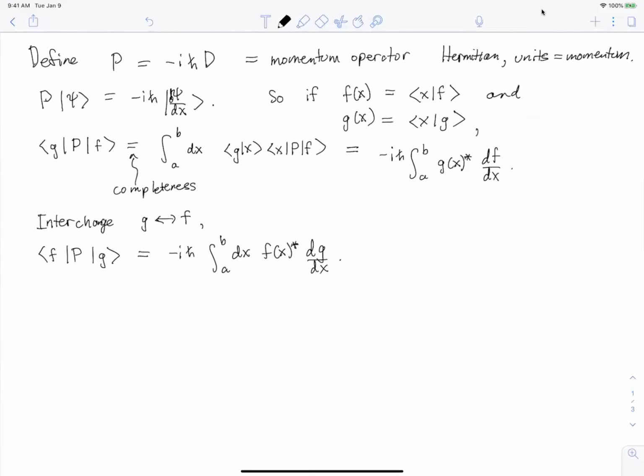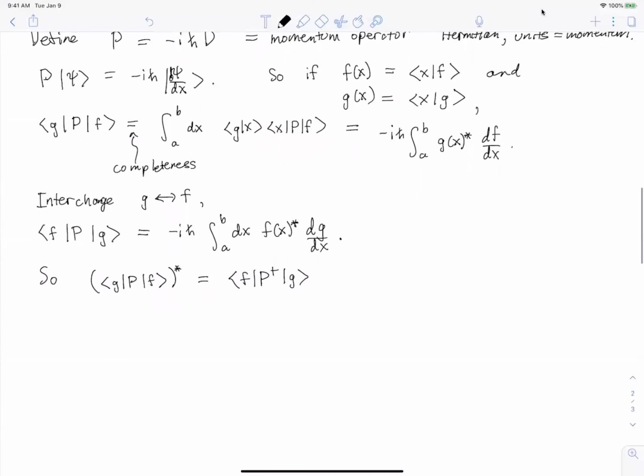So to do that, what we're going to do is look at the complex conjugate of ⟨g|P|f⟩, which according to the rules of taking adjoints is equal to ⟨f|P dagger|g⟩. Now we're hoping that P dagger is equal to P, but let's find out.